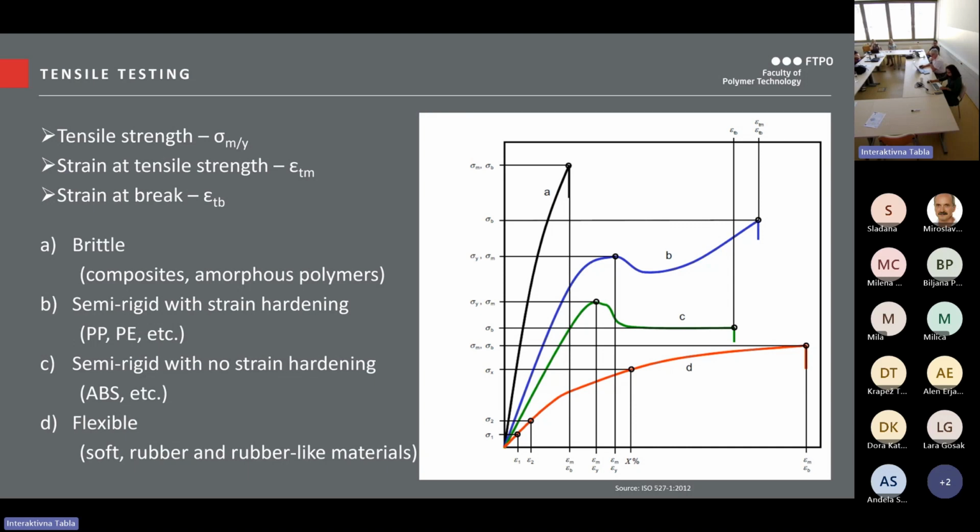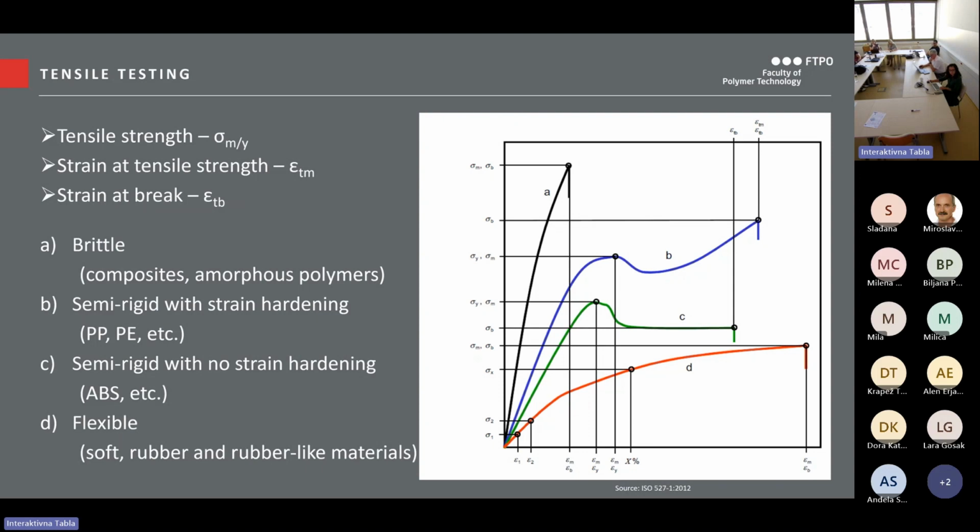And then C, we have the curve that gives us no strain hardening after the yielding. It's known for materials such as ABS. And then we have the D-shaped curve, which is known for flexible, soft rubber-like materials.